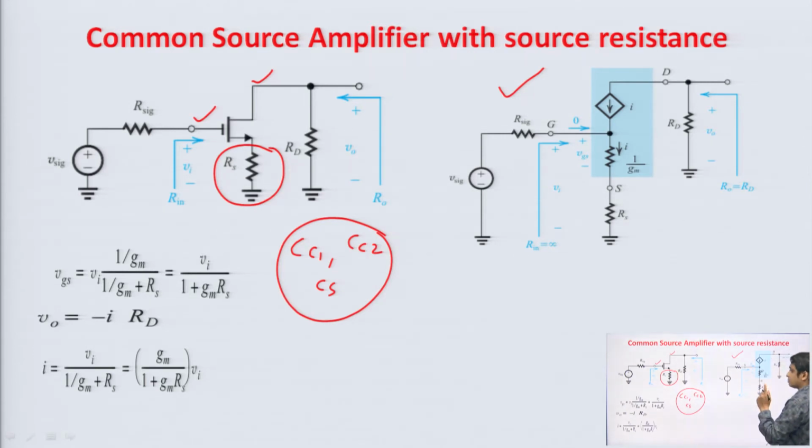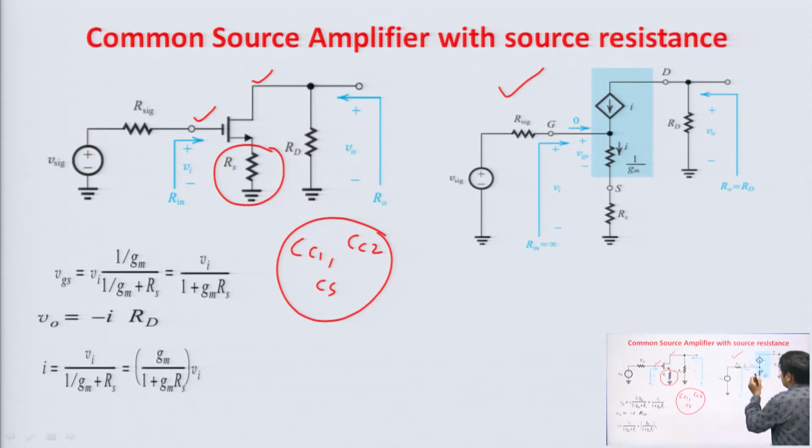Now, you can see that to draw the small signal model, we remove all the DC sources, like DC voltage source, we short circuit it, and current source is open circuit, fine. Voltage source is short circuited and current source is open circuited, fine. So, that is why there is no DC quantity in this small signal model.